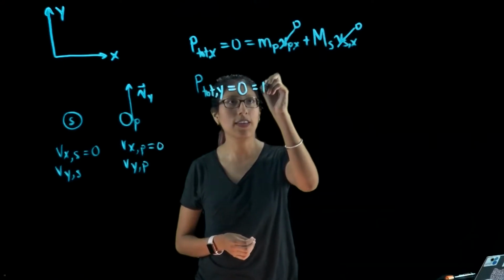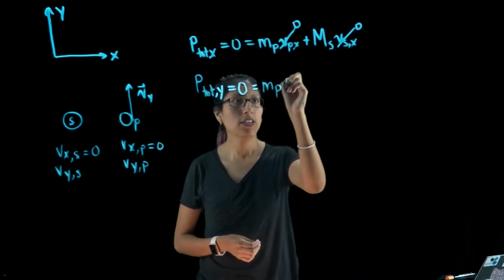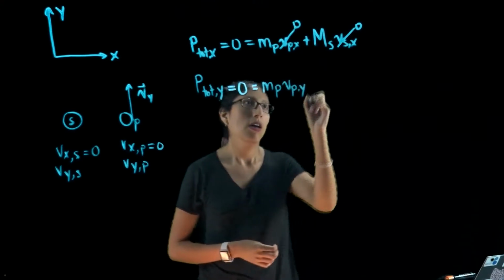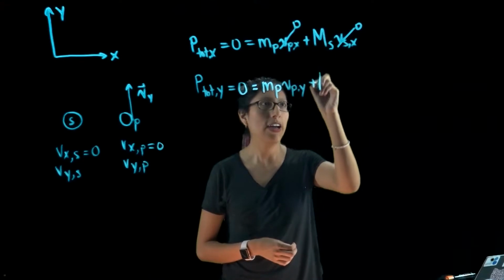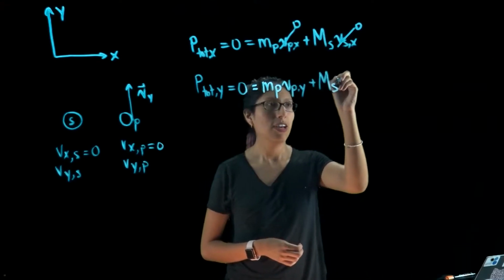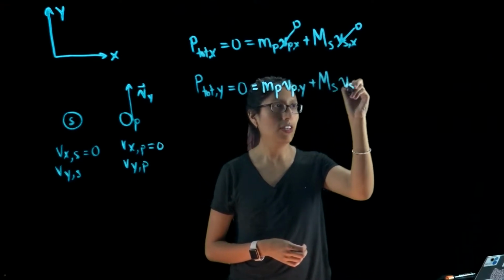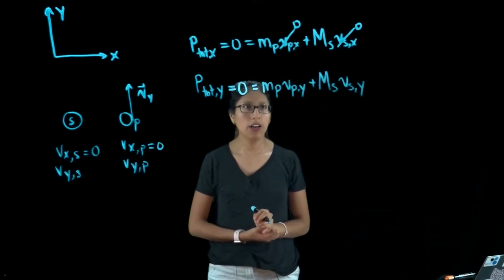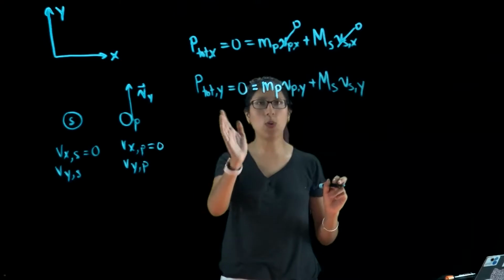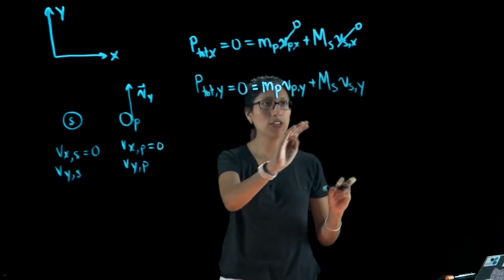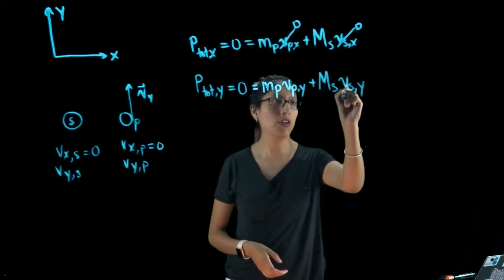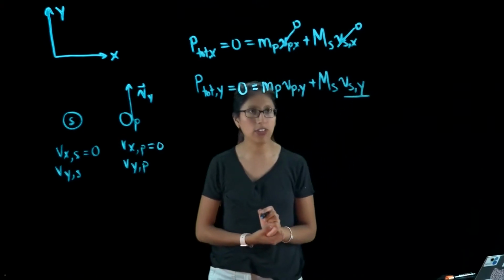So this is going to be the mass of the planet times the velocity of the planet in the y direction plus the mass of the sun times the velocity of the sun in the y direction. And since we have an equation that's equal to 0, we can just move things around in order to solve for velocity of the sun in the y direction.